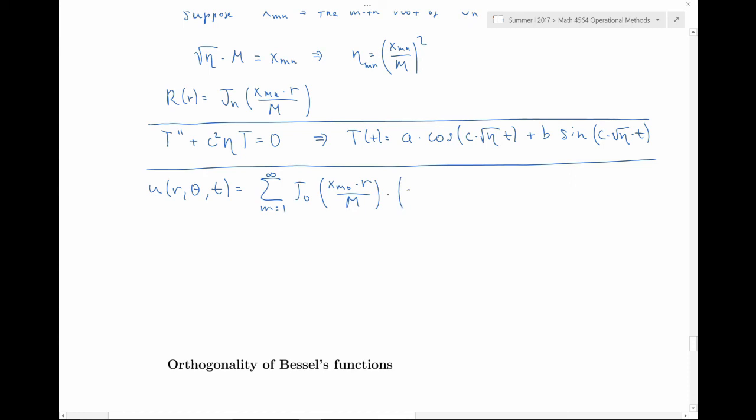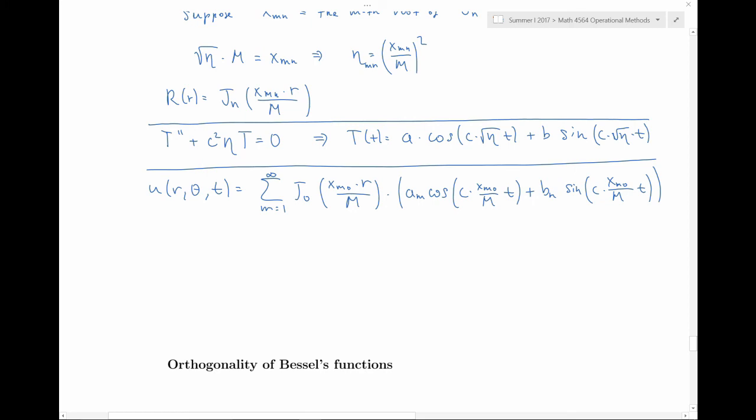So we have a_m cosine of c times the square root of eta, which is just x_m0 over M times t, plus b_m times sine of c times x_m0 over M t. And theta was just a constant. Multiplying a constant by another constant isn't going to change anything.